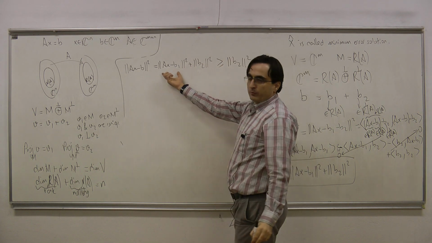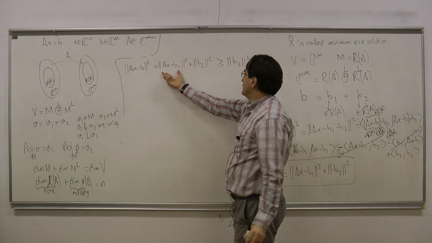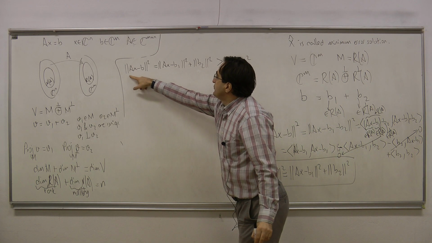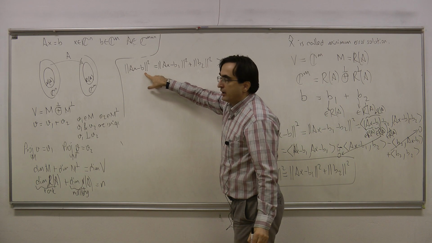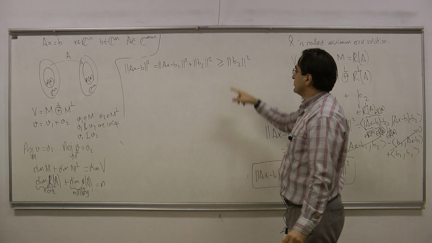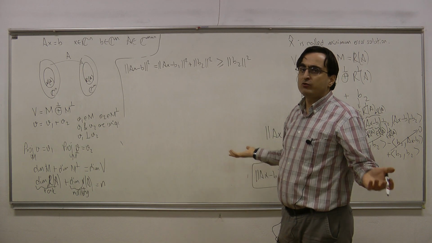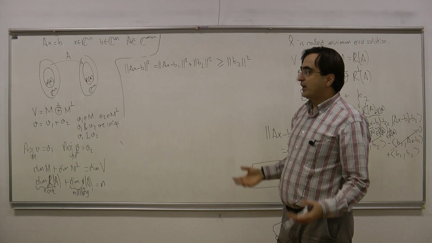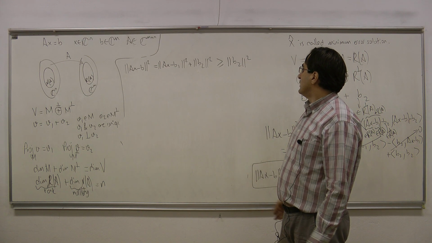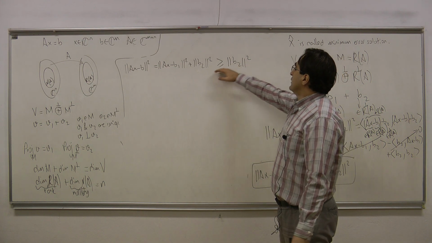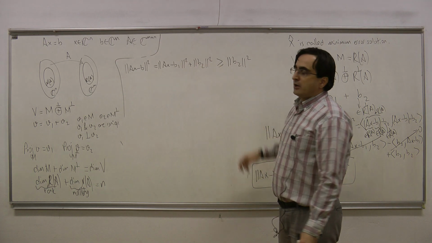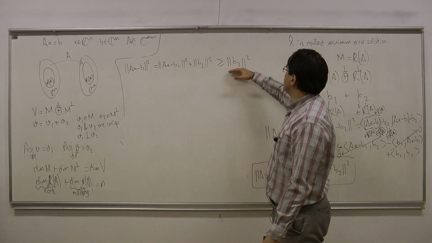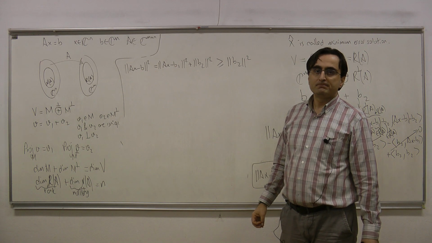Because this norm square is always non-negative, the function that I would like to minimize is always larger than or equal to b2 squared, whatever I choose my x value or x vector. Okay?